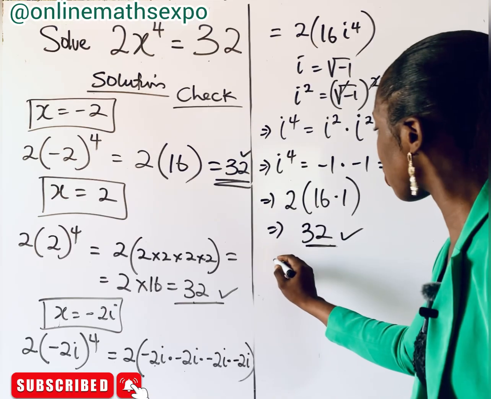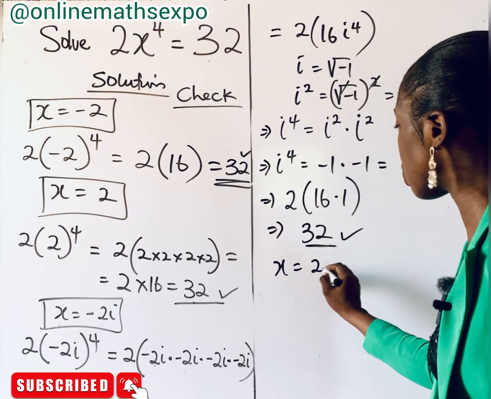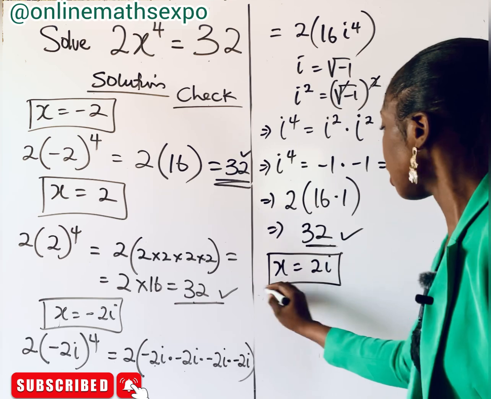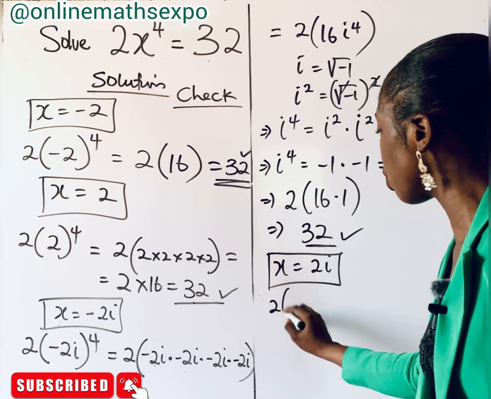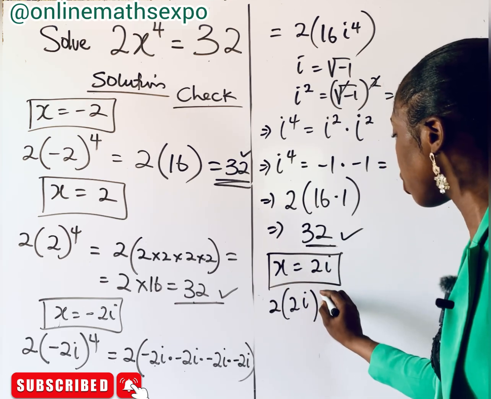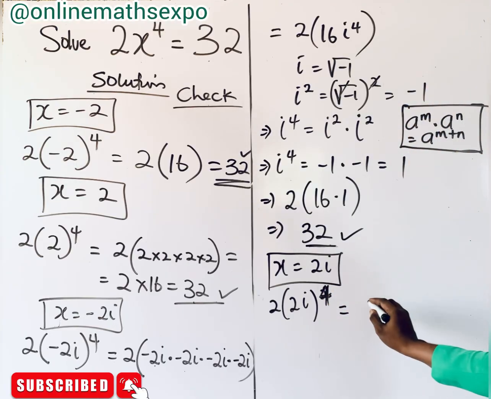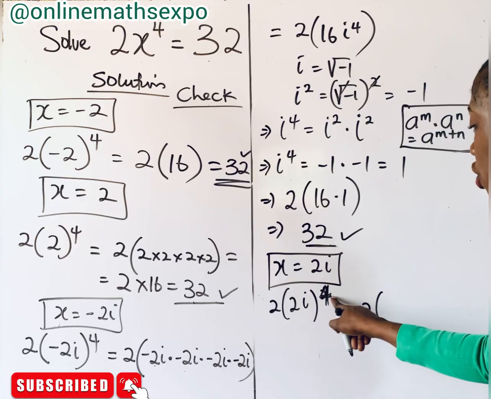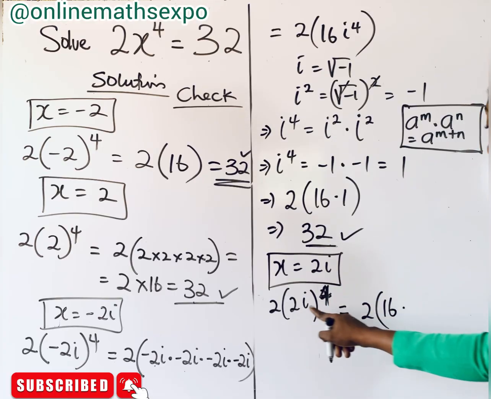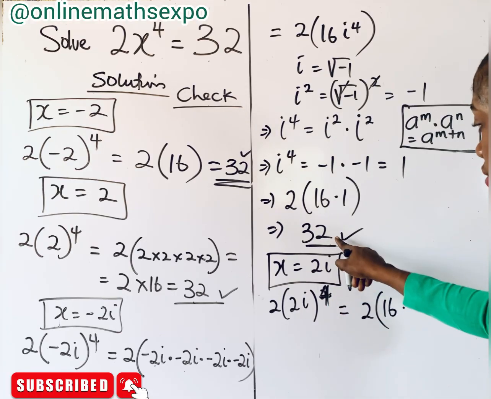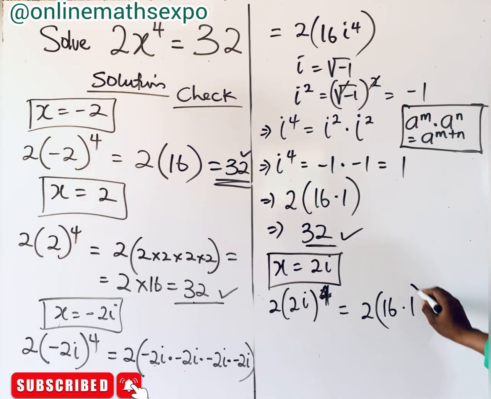Now, lastly, let's check from when x is positive 2i. If x is positive, we have 2 into 2i raised to the power of 4. Simplifying this, we have 2 into 2 raised to the power of 4 is 16, and i raised to the power of 4, as we have seen, gave us 1. So this still returns you back to 32.